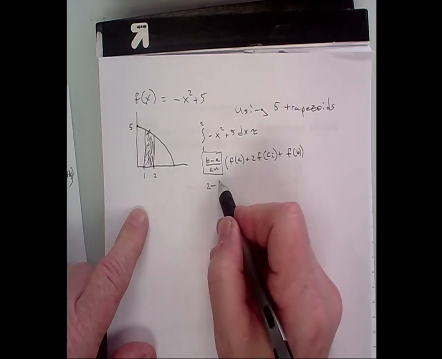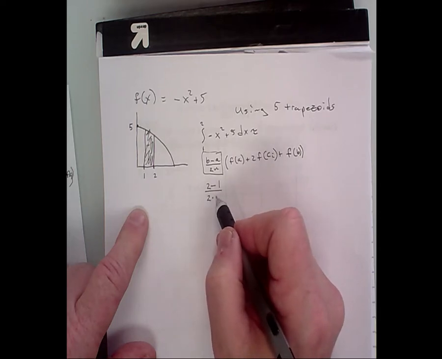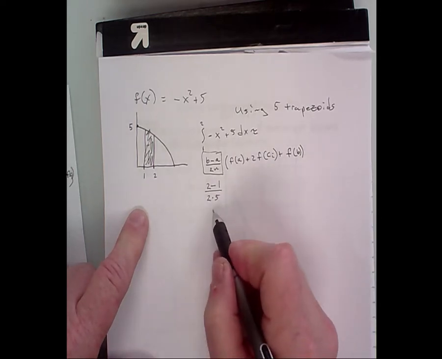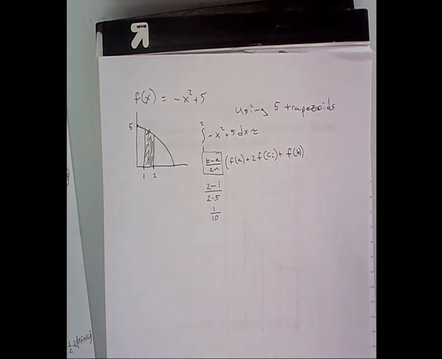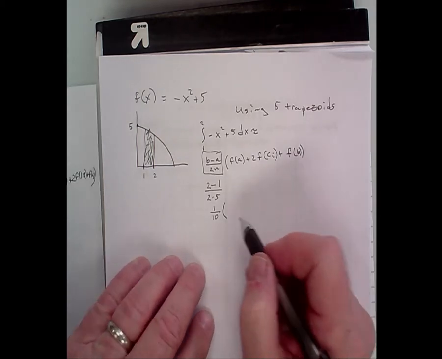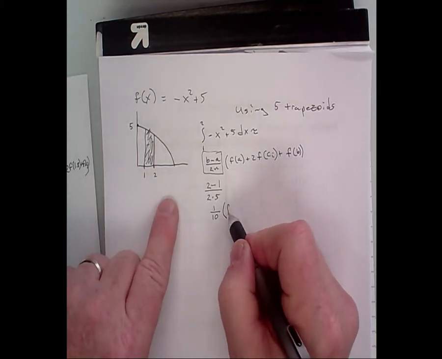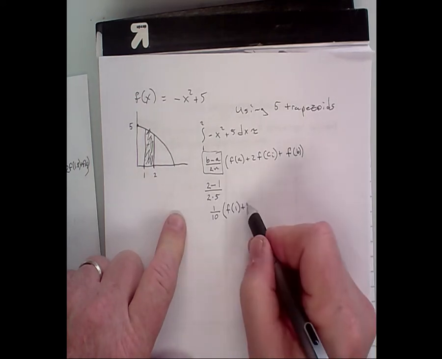So 1 over 2 times 5, so 1 over 10? Yeah. Perfect. Okay. Parentheses. Ready? F of what? 1. Perfect. Plus 2 times F of?